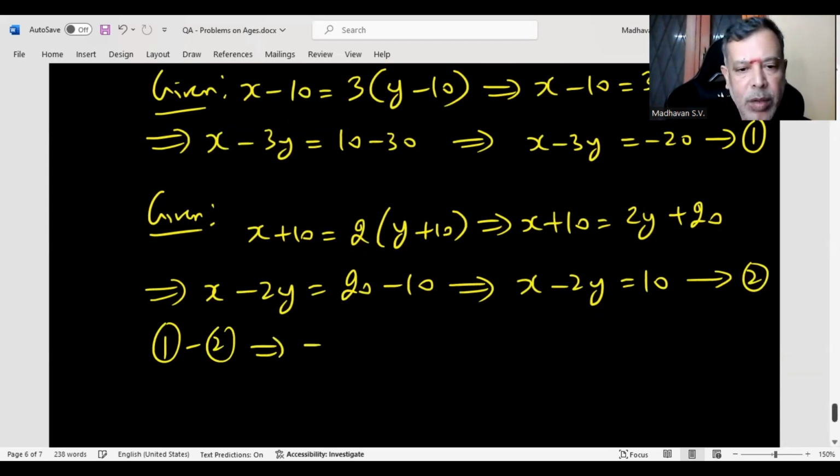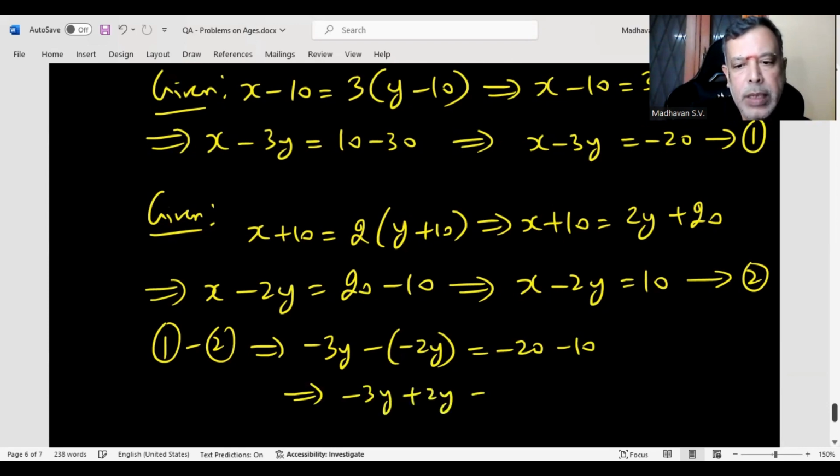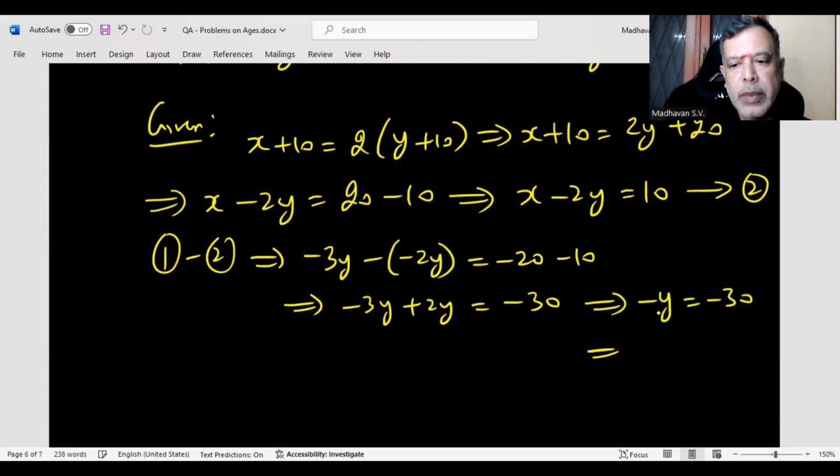Then we have minus 3y minus of minus 2y is equal to minus 20 minus 10. So this becomes minus 3y plus 2y is equal to minus 30. That means minus y is minus 30 or y is 30.